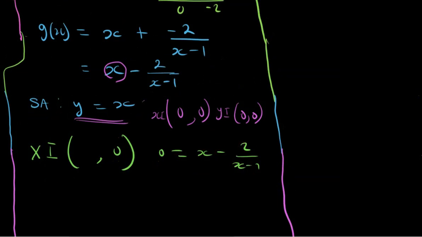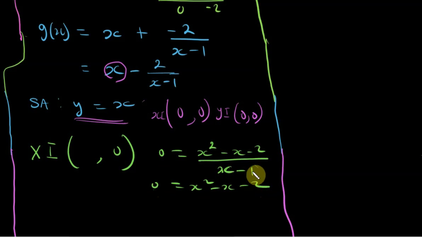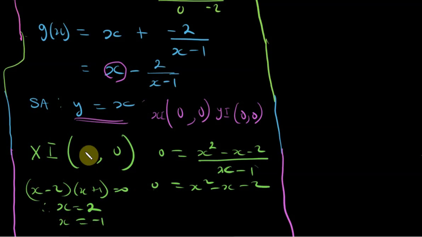Maybe I should use the unsimplified version. So this will be x squared minus x minus 2, over x minus 1, multiplied by 0, which is 0. The zeros of this are x minus 2, x plus 1 equals 0. Therefore we have two x-intercepts, one at x equals 2 and one at x equals minus 1.